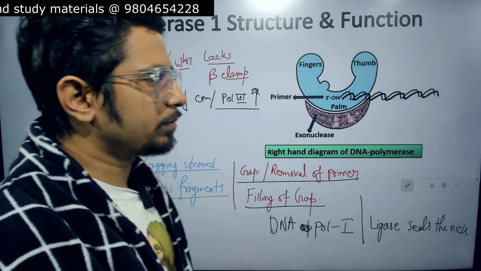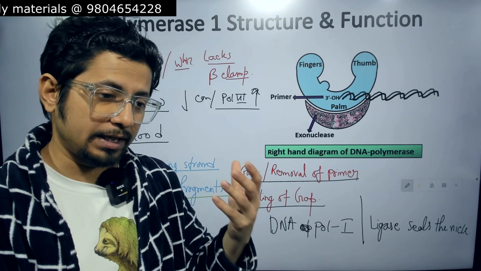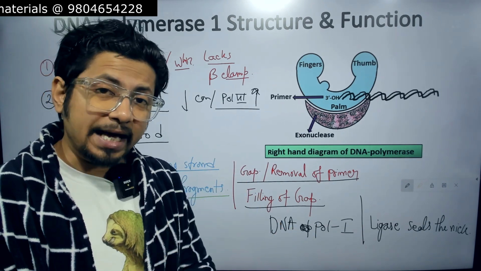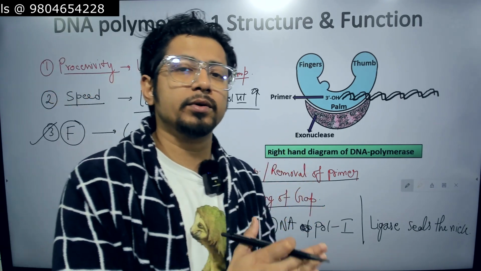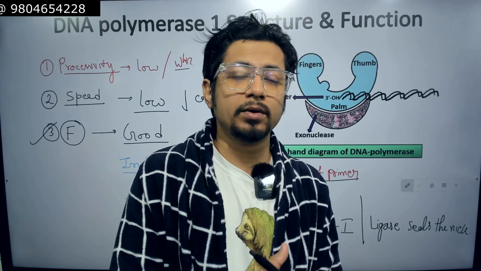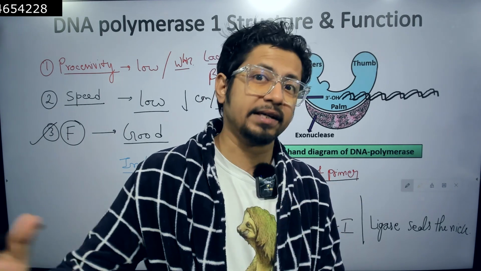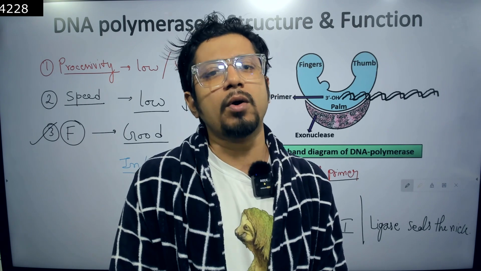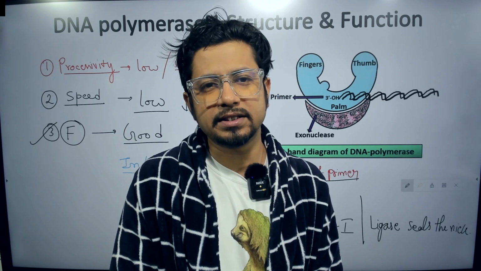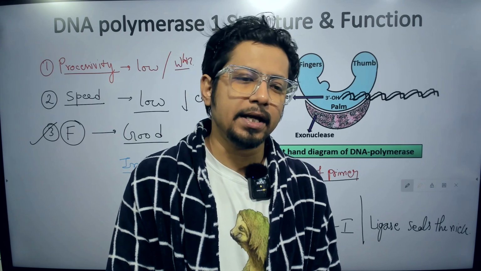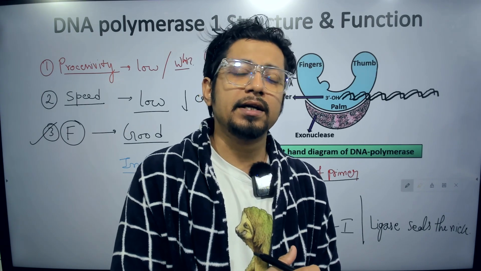And remember one more thing: the catalysis by DNA polymerase 1 is something we need to understand, how exactly they add nucleotides at the 3' end. Not ribonucleotides, it's deoxyribonucleotides because it's DNA polymerase. DNA polymerase 1 has the capability of adding nucleotides, but not in a long stretch.